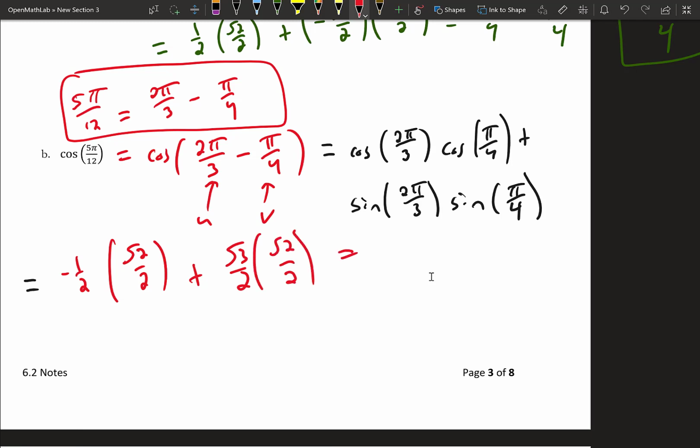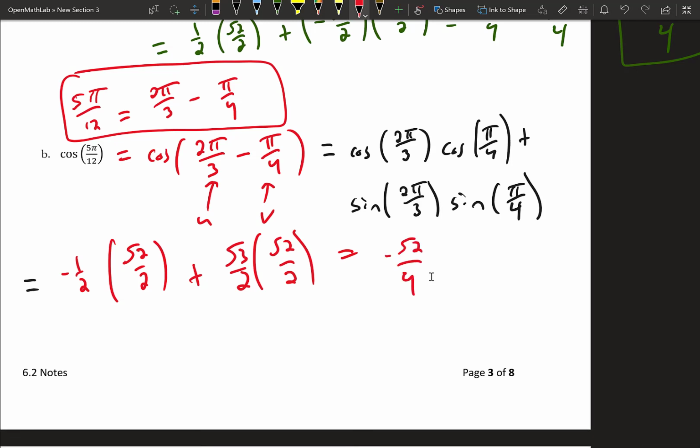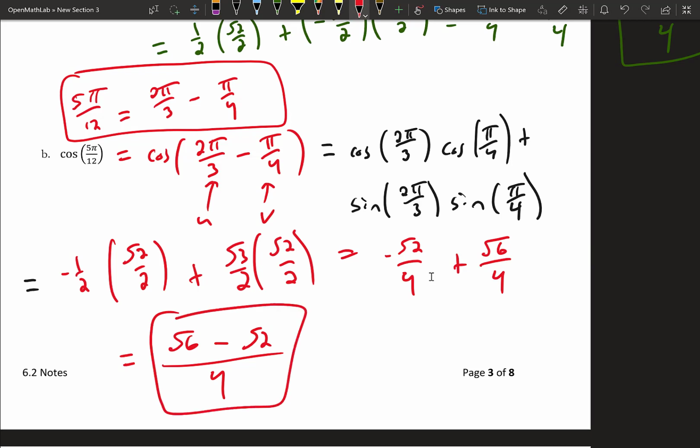Multiplying those fractions, we get negative radical 2 over 4 plus radical 3 times radical 2, which is radical 6, all over 4. So this is equal to radical 6 minus radical 2 all over 4. I flipped the radical 2 and radical 6 just to make it look a little cleaner.